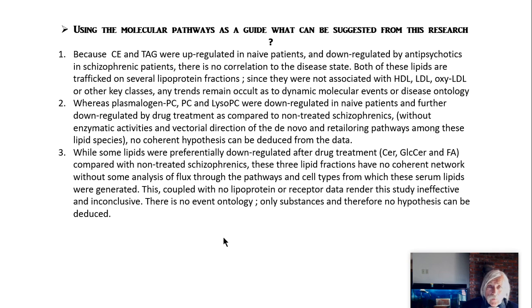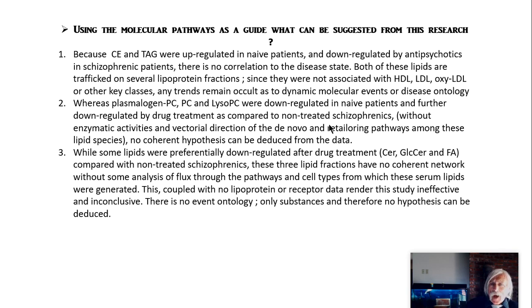So you have no way of knowing if, because you're accumulating given lipid fractions, they are even mildly associated with something as complex as schizophrenia. Secondly, whereas plasmalogen, phosphatidylcholine, PC itself, and lyso-PC were downregulated in the naive schizophrenics and further downregulated by drug treatment, which is sort of interesting, right? Because you would think that drug treatment would flip that lipid profile. Didn't it? It just decreased it more from the healthy people.